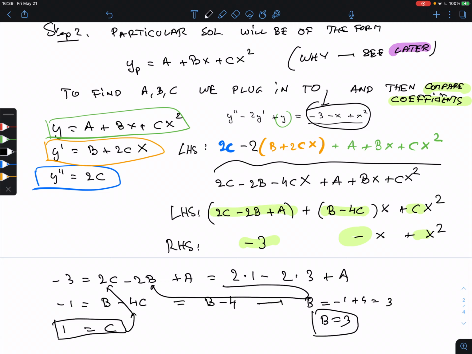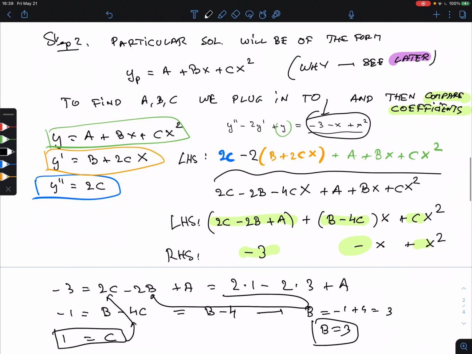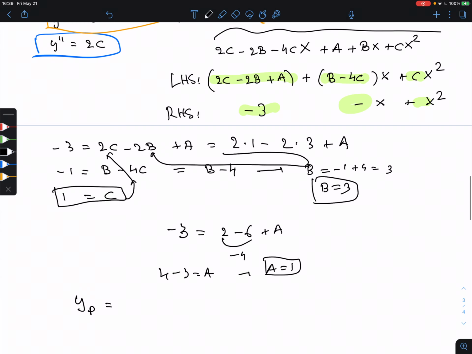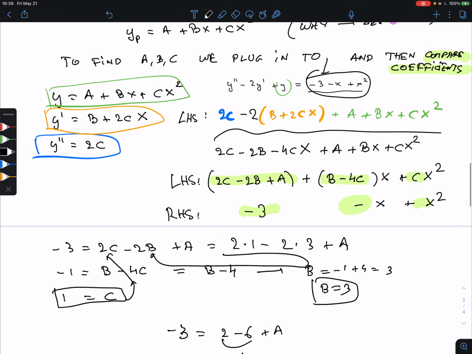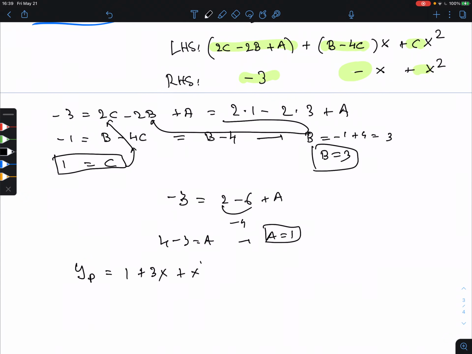You can name these variables whatever you want. Eventually you will find the same answer, namely 1, and what was b? 3, plus 3x, and then c was 1, plus x squared. So that's your particular solution.